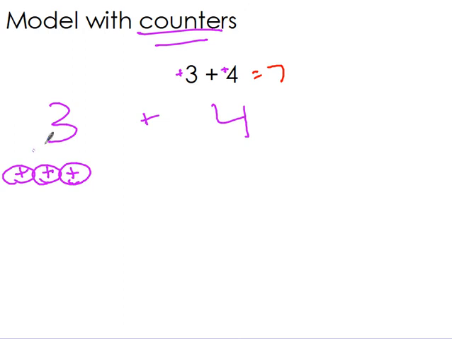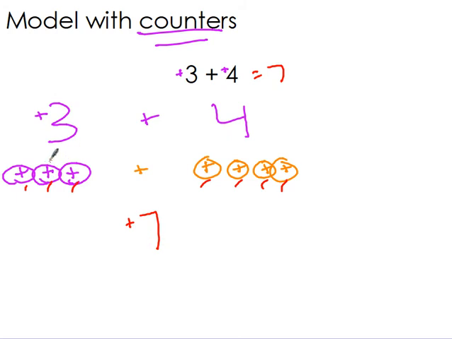That's 3 positives to represent the number +3. I'm also going to use positive chips for 4: 1 positive chip, 2, 3, 4. And I am combining all of these chips together. When I combine them, I have 1, 2, 3, 4, 5, 6, 7 positives.